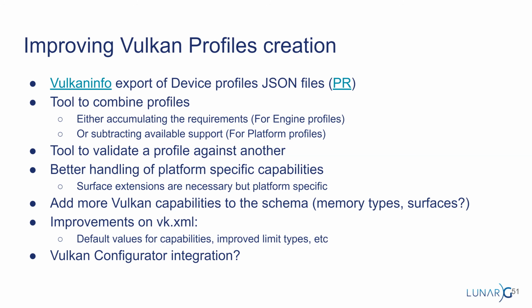So it will be nice to be able to say in the profile that on Linux, on Mac, on Windows, we want to use this specific extension, because these parts are not totally cross-platform.